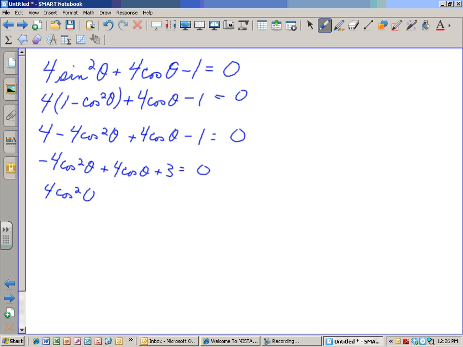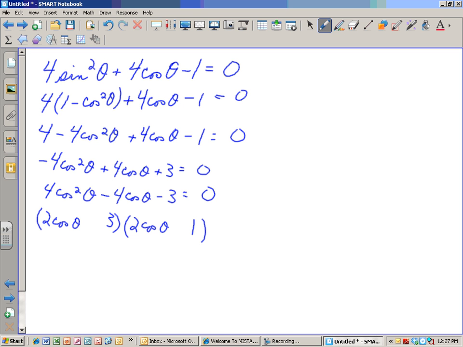So you have to do a little bit of work before you actually get to the point where you can factor. And I'm not sure what this is. I'm guessing it is 2 cosine and 2 cosine. It's a guess. And for the 3 at the end, it's going to have to be 3 and 1, or 1 and 3. But let's see if this works out.